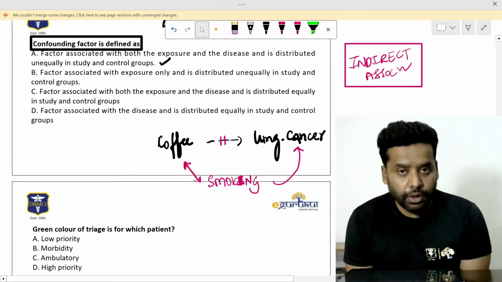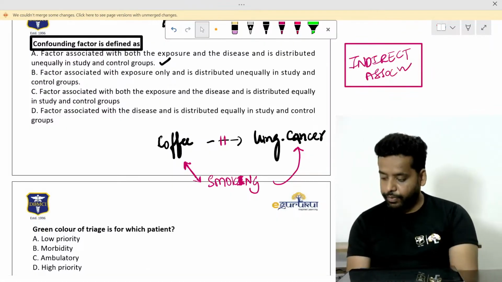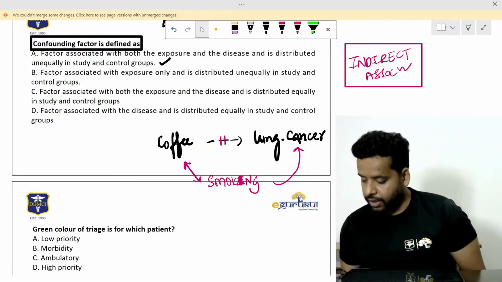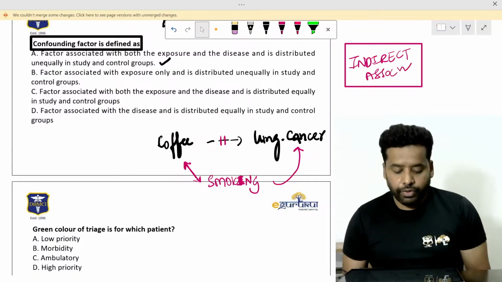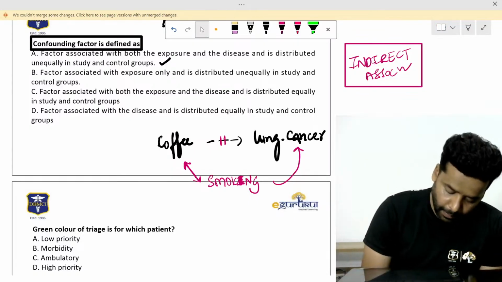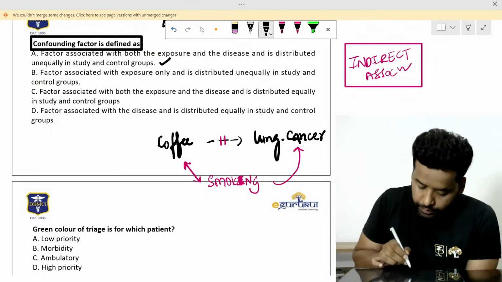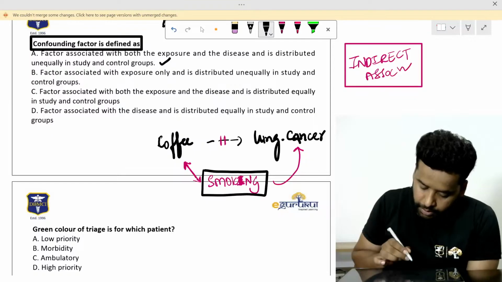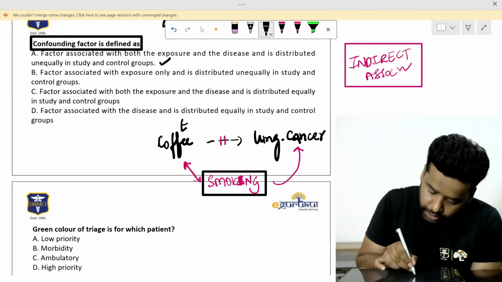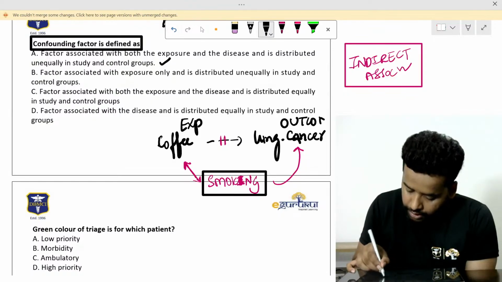Why is it a confounding factor? Yes, very good, coffee. Smoking is the confounding factor because it is associated with exposure and is an independent risk factor for the outcome.